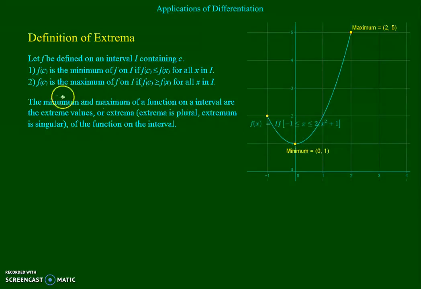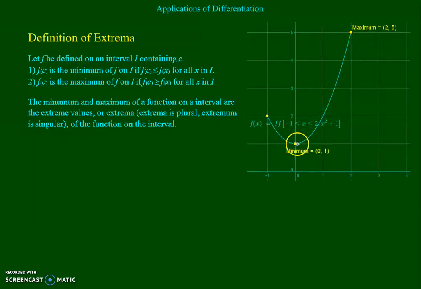And the opposite, f of c is the maximum if f of c is greater than or equal to f of x for all x in I. So here we have a maximum value because it's greater than any value along the interval from -1 to 2.